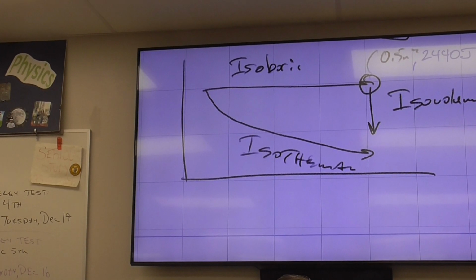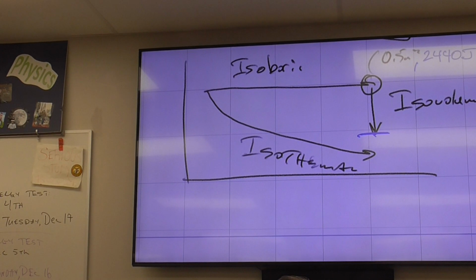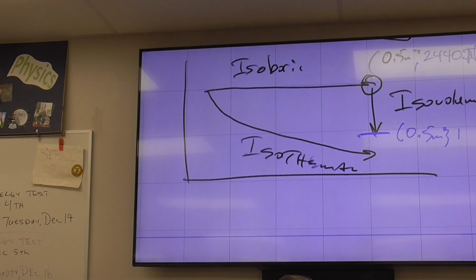So now I'm going to keep the same volume, but I'm going to drop that pressure down. That's newtons per square meter. So now, I want to keep that same volume of 0.5 cubic meters. Let's drop the pressure down to 1,000 newtons per square meter.